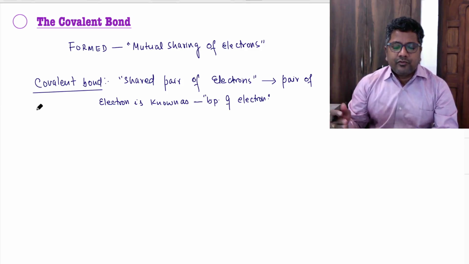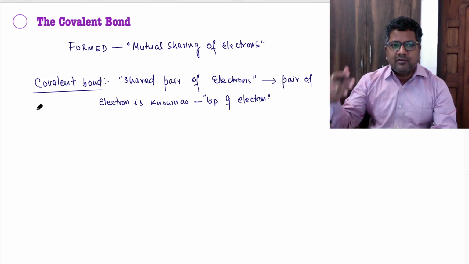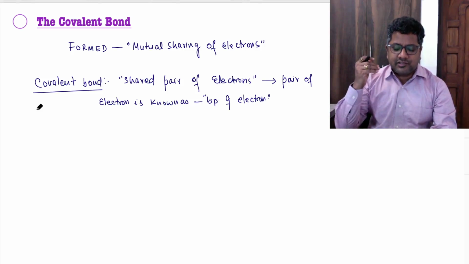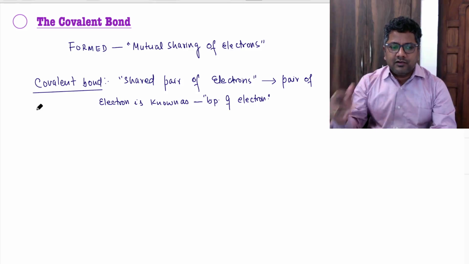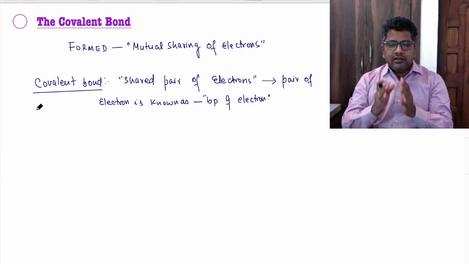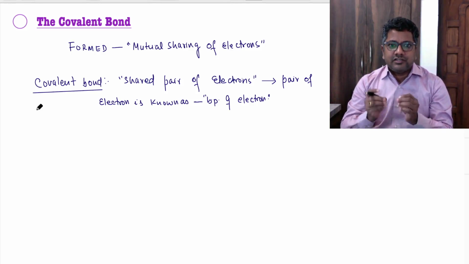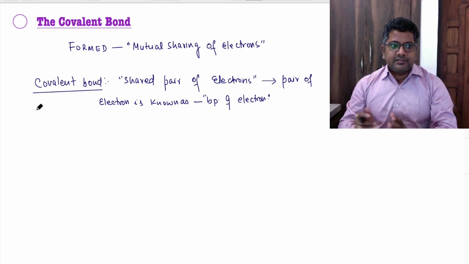Before VBT, before MOT, before other bonding theories, VSEPR model is a different theory, not related to valence bond theory. Formal charge, resonance, hybridization, molecular orbital theory: before going into the detail of all these, one must know how to sketch the Lewis structure.